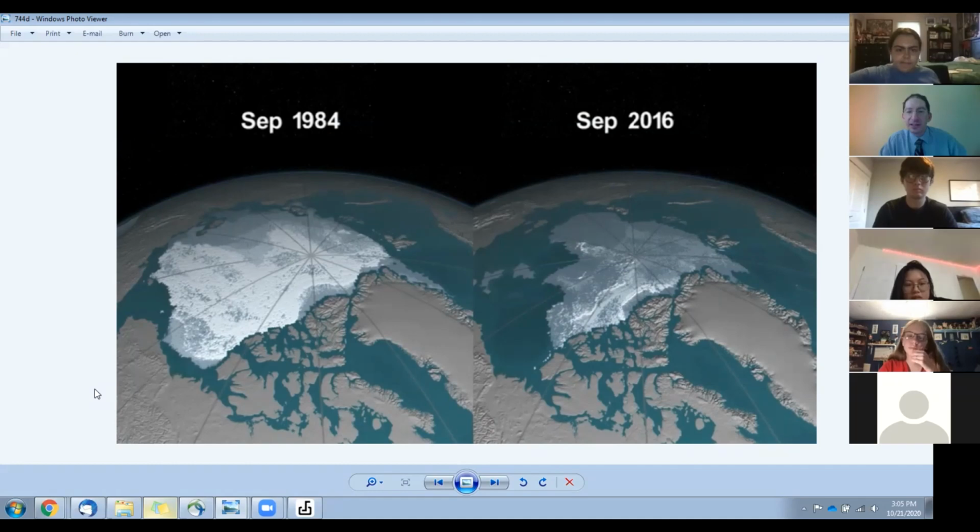And here you can see the difference just between 1984 and 2016, taken at the same time of year. The ice caps grow and shrink over the course of the year with the seasonal temperature variation, but you can see the ice cap is already much smaller in area, and also much thinner, which you can't see in a diagram like this.